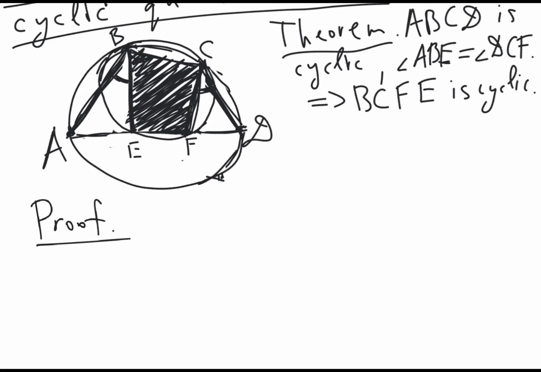So let's denote this angle alpha and this angle x. Then this angle is also x by the condition. And the angle BCD is equal to 180 degrees minus alpha, because ABCD is cyclic.